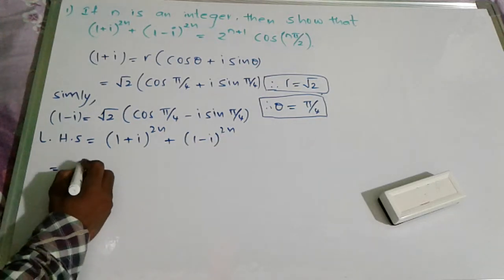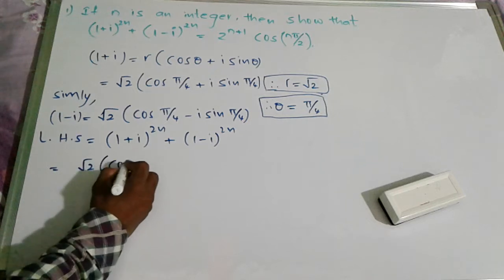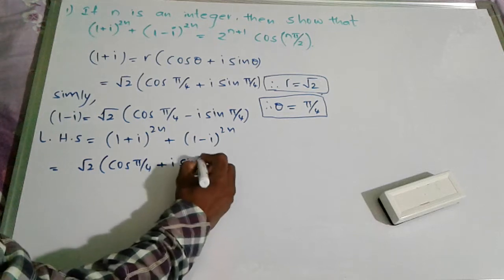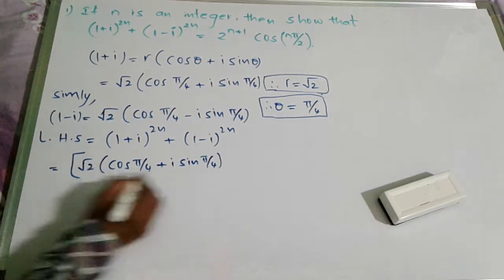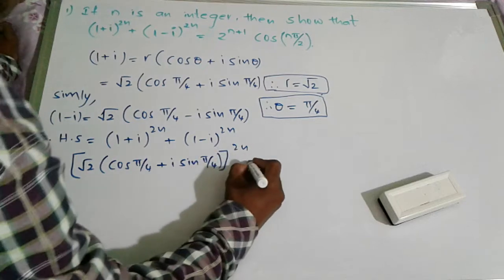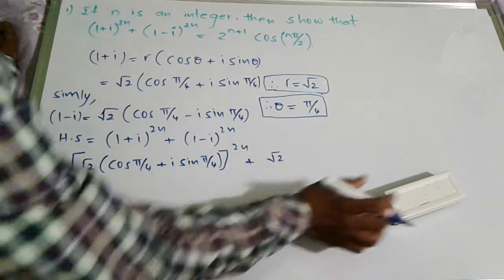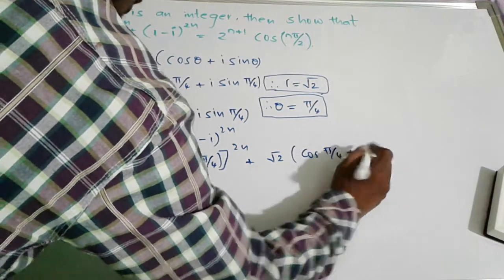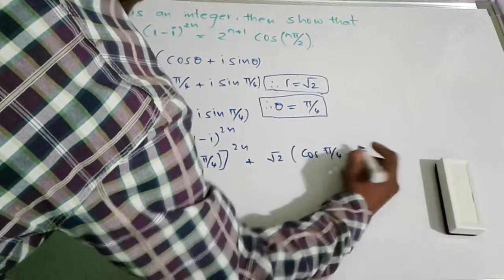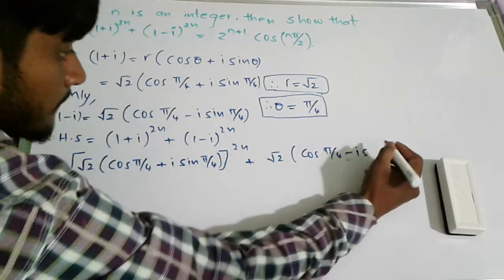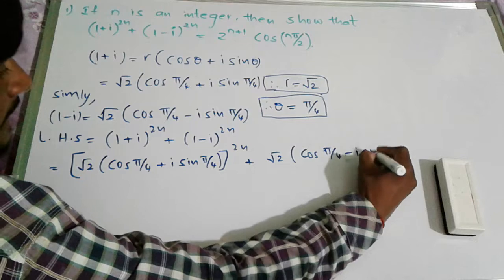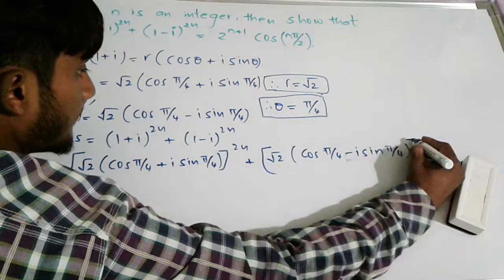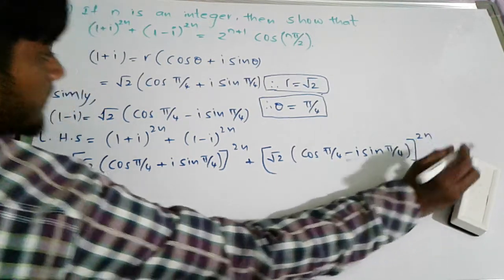So root 2 times cos pi by 4 plus i sin pi by 4 whole power 2n plus root 2 times cos pi by 4 minus i sin pi by 4 whole power 2n.